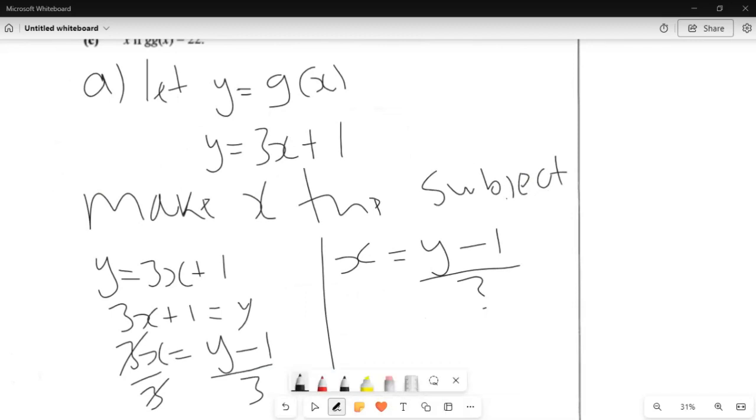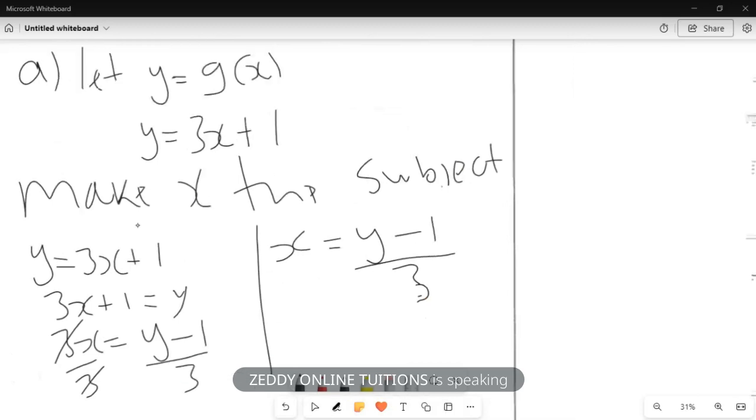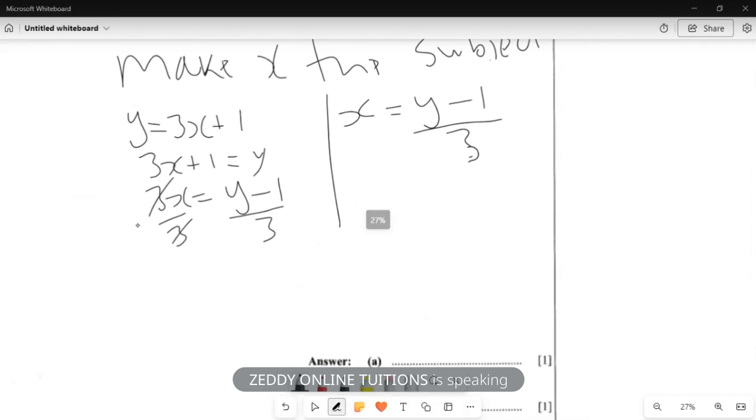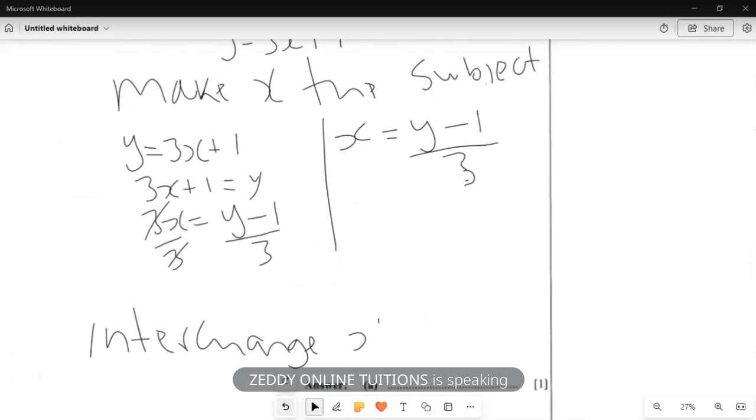That is the inverse. Okay, so now from here, what's the next step? The next step is we need to interchange X and Y. What is important is the information.